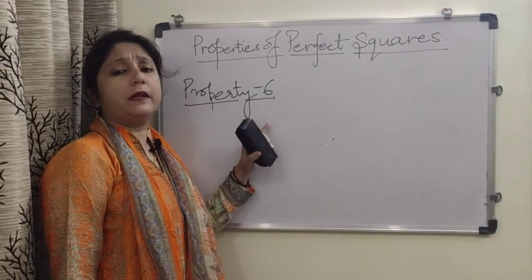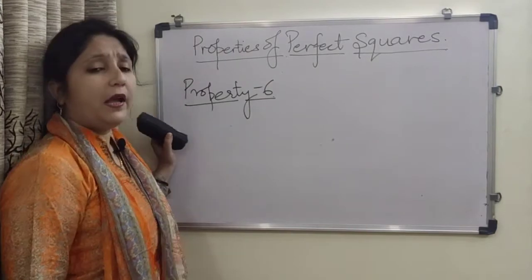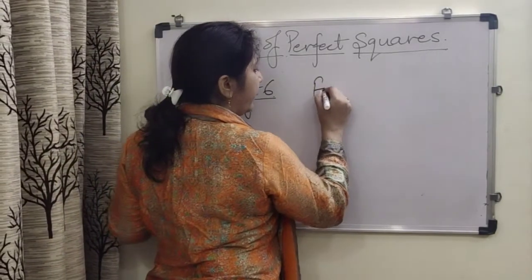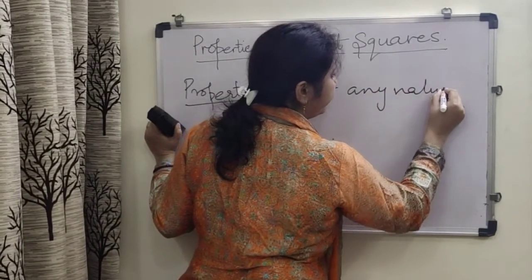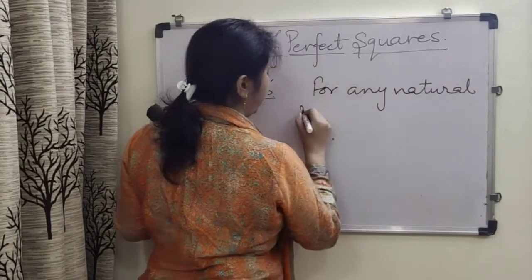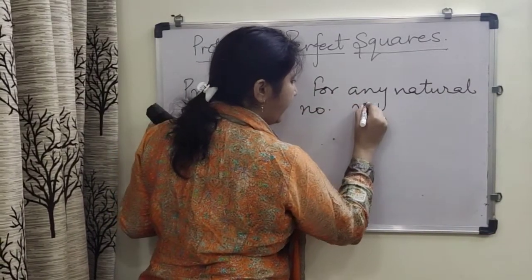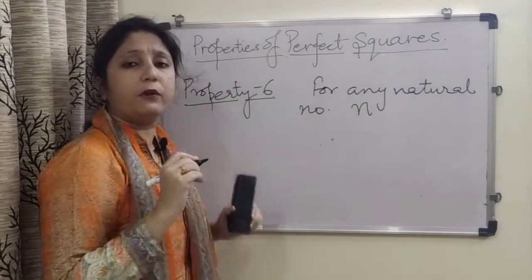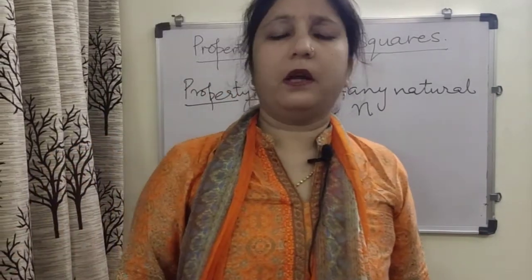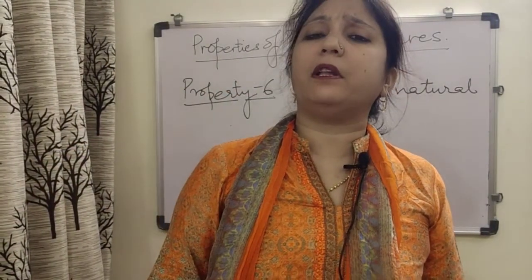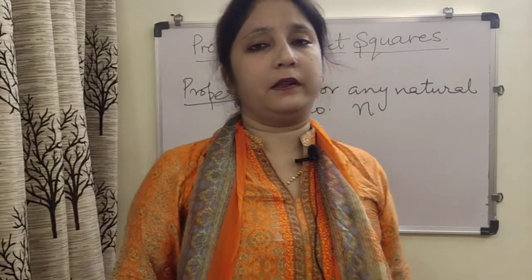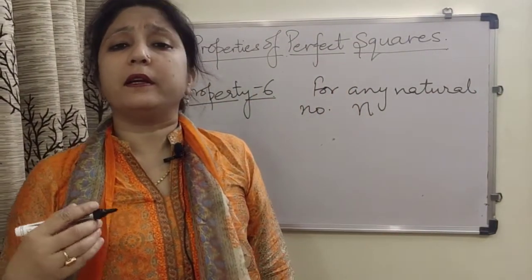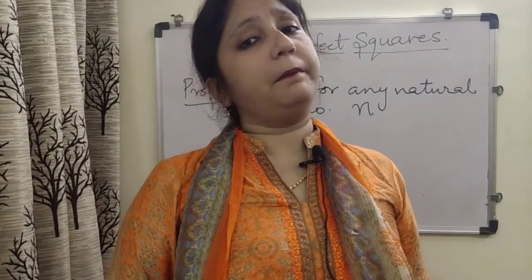Coming towards the next property, we have for any natural number n. Children, are you familiar with consecutive numbers? I am sure everyone is familiar with consecutive numbers. Consecutive numbers are the numbers which come one after another. So what will be the consecutive number of n? That is obviously n plus 1.